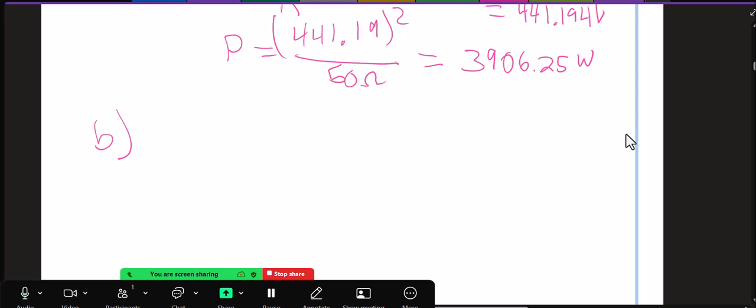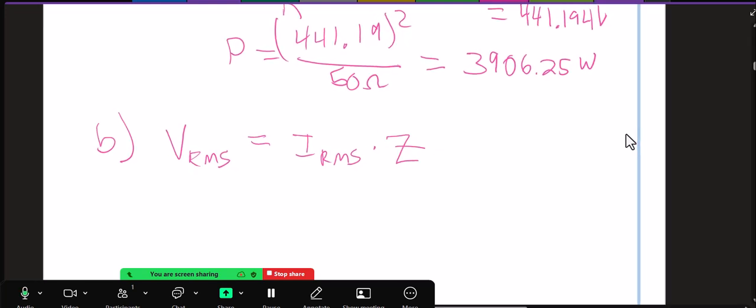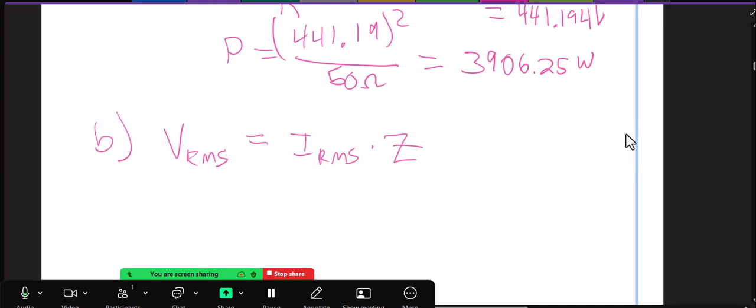It is also true that VRMS, whether I'm talking about complex or its magnitude, is IRMS times Z, and if I'm using just the magnitude, I'd use just the magnitude times Z. But let's do them all as complex values here.